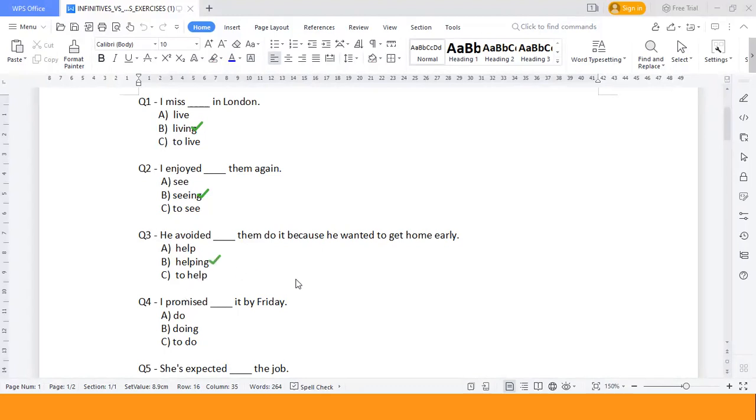Helping, right. He avoided helping them do it. Let's see number 4. Javier, please. I promise to do it by Friday. Exactly. I promise to do it by Friday. Very good. That's correct. Any questions or comments about these first 4 exercises?